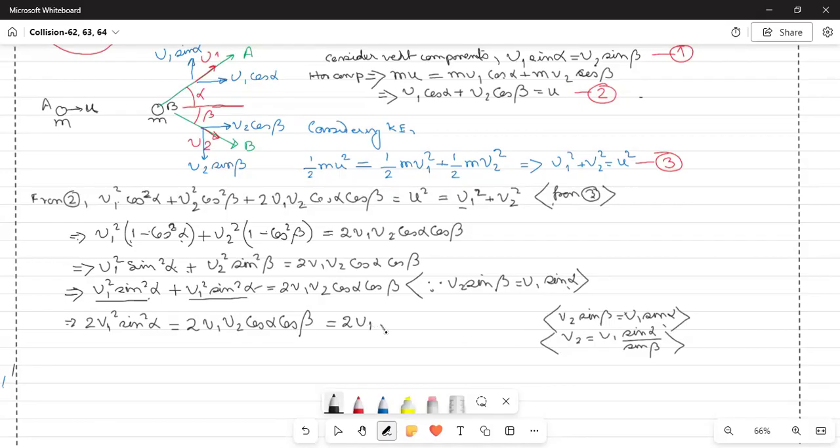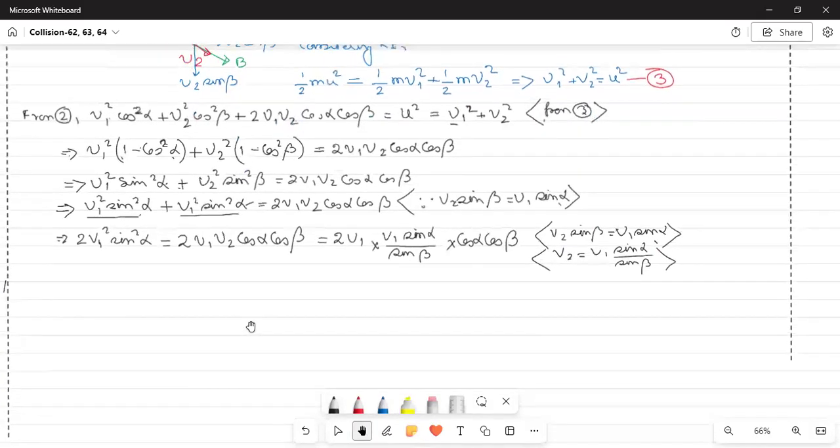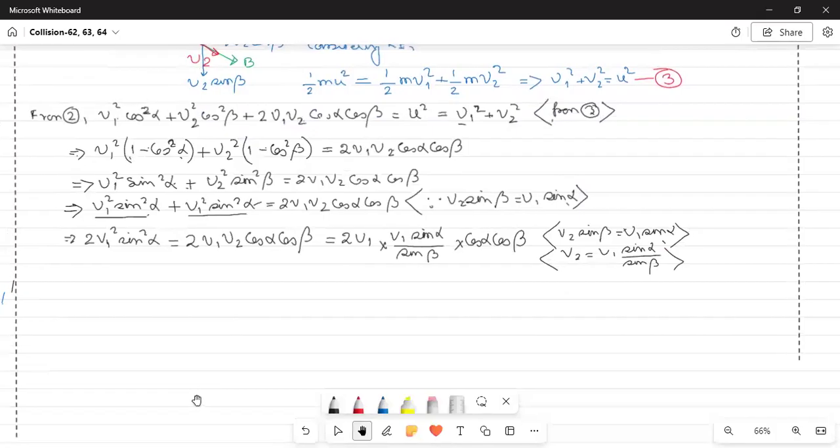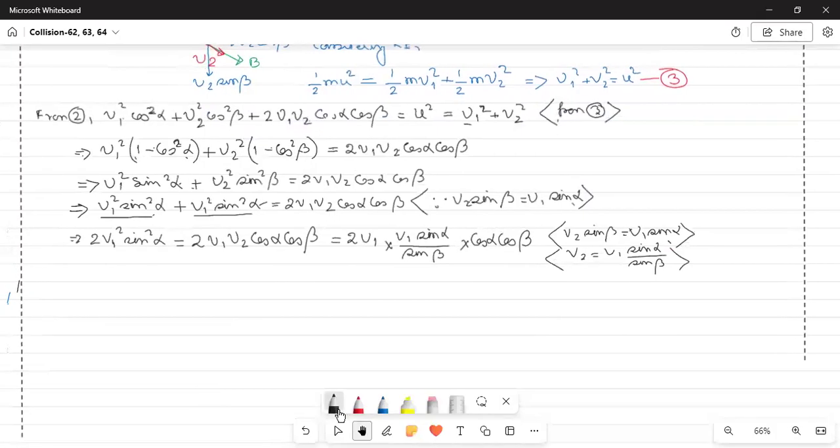So 2v1 multiplied by v1 sin alpha by sin beta multiplied by cos alpha cos beta as it was before. Right? So continue with the solution.